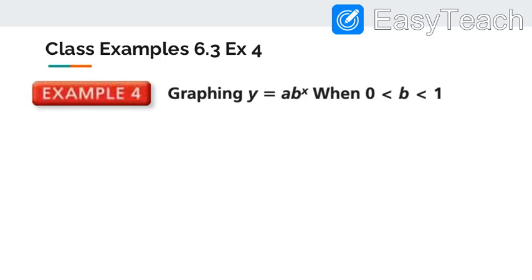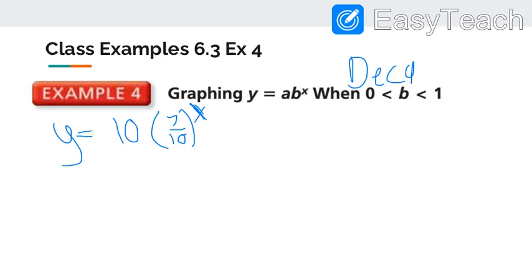Likewise, go on Desmos and graph the following one, which has a fractional base. So let's go y equals 10 times 7 over 10 raised to the x power. Okay, I want you to practice graphing this so you can see what types of things occur. Remember, this one is decay. Our previous one was a growth function.